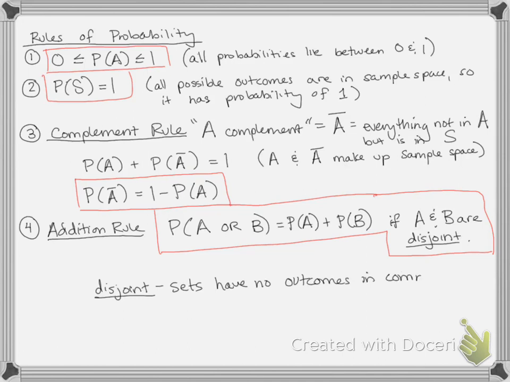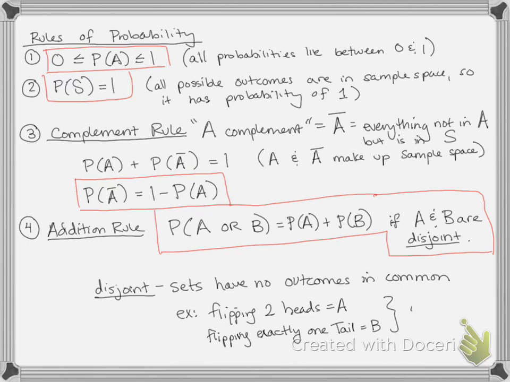So an example would be flipping two heads would be event A, and flipping exactly one tail would be event B, and they are disjoint. There's no way for me to flip only two coins and get exactly two heads and exactly one tail at the same time. It's not possible.